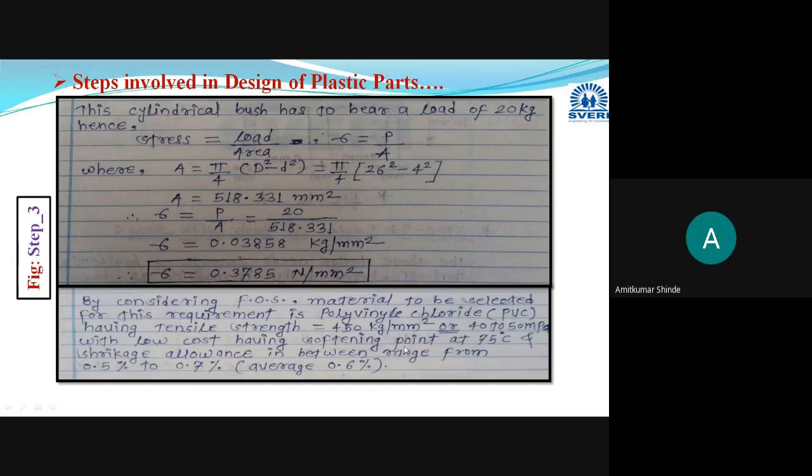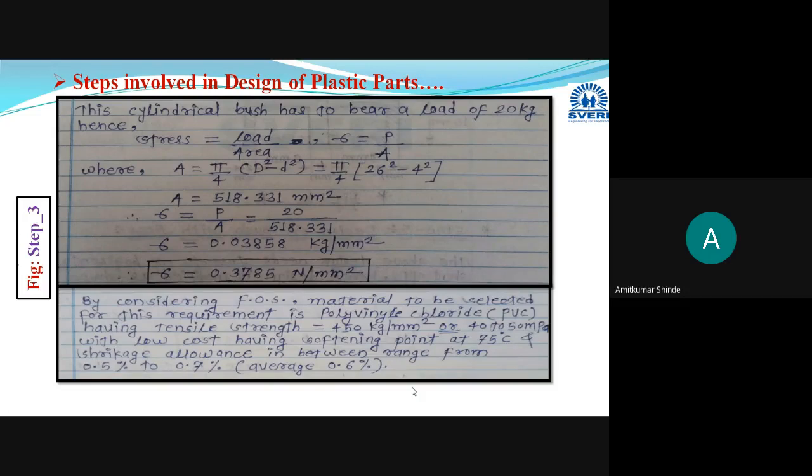cost also. You have to consider here two aspects, that is the cost of that material and its strength also. Then here is some extra point, that is the shrinkage allowance for this particular PVC material is 0.5 to 0.7%.